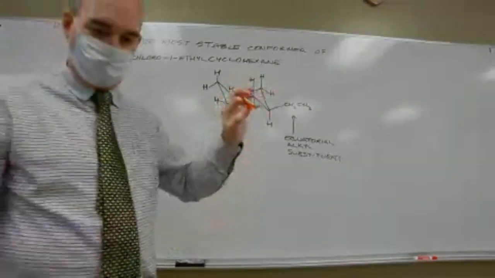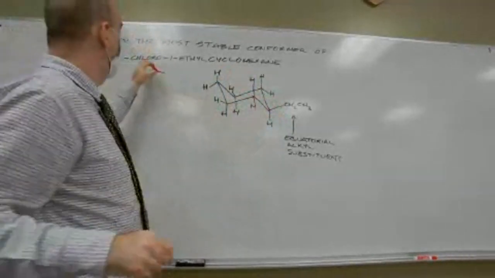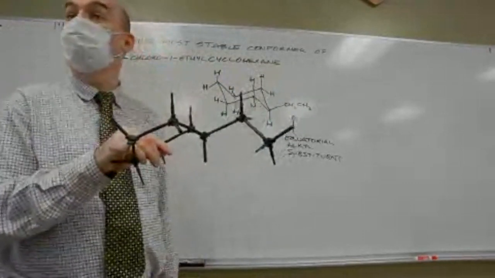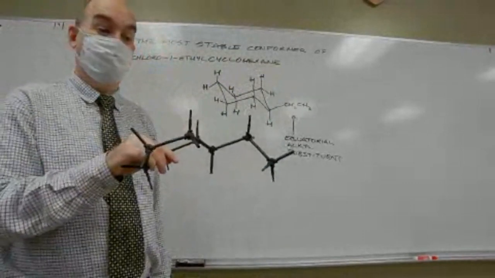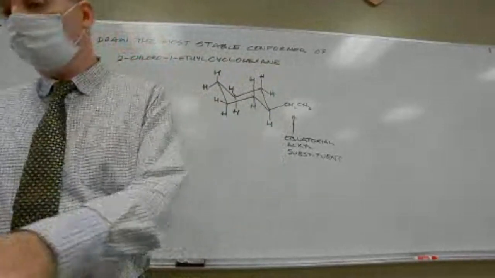In the chemistry world, oxygen is red, but I don't have any greens. Halogens would be green. We're going to put a chlorine in this thing. We're going to put the chlorine at the 2. Go ahead and sketch it.